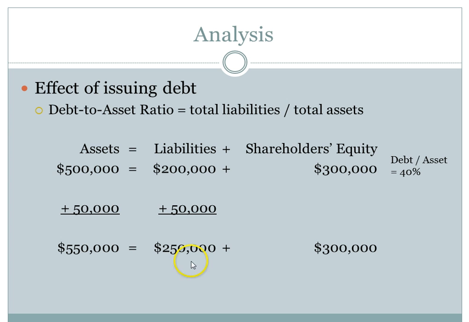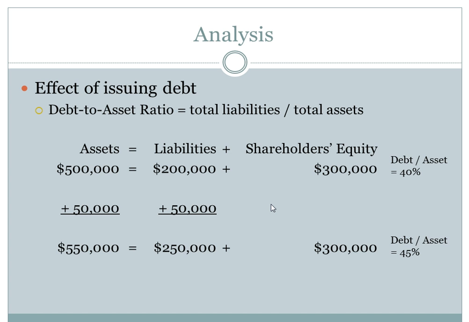So if we recompute now the debt to asset ratio, it's going to be 250 divided by 550, and our debt to asset ratio has actually increased. So even though each side of the balance sheet increased by the same dollar amount, $50,000 on both sides of the equation, proportionately that $50,000 affected liabilities more than it affected assets. And so now our debt to asset ratio is up to 45%.